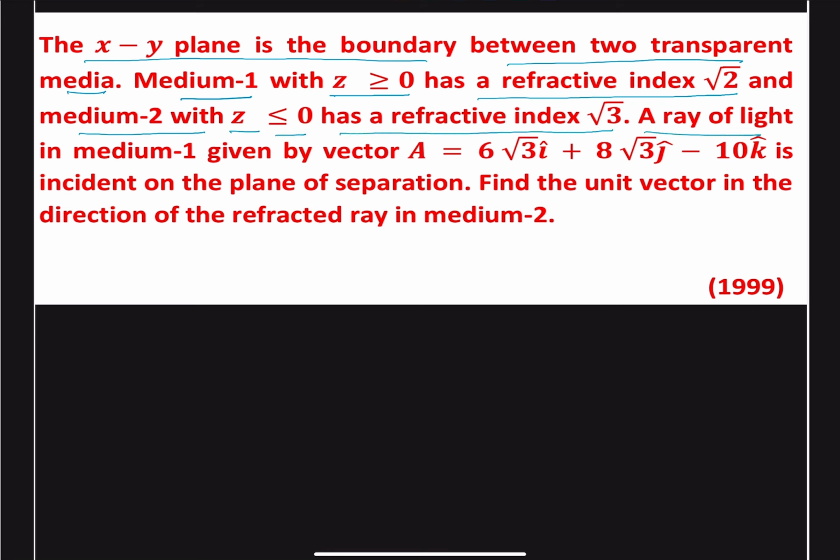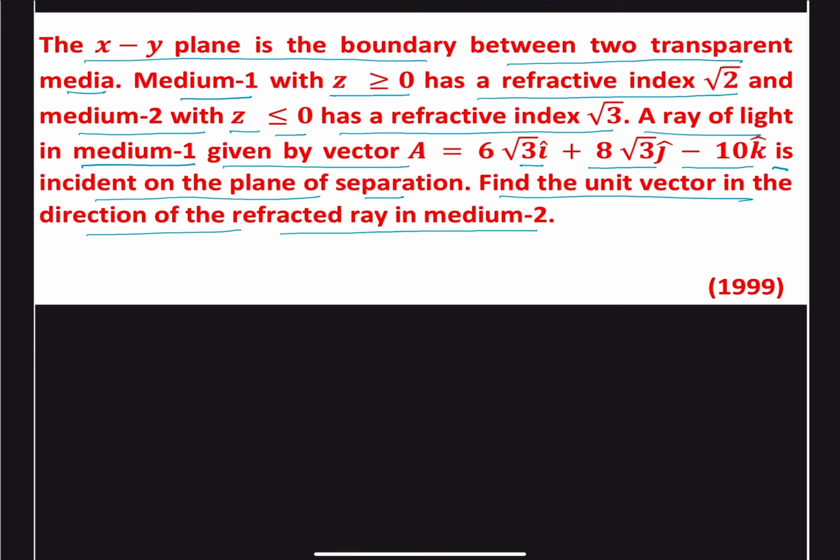A ray of light in medium 1 given by vector A, 6 square root of 3 i plus 8 square root of 3 j minus 10 k, is incident on the plane of separation. Find the unit vector of the direction of the refracted ray in medium 2.